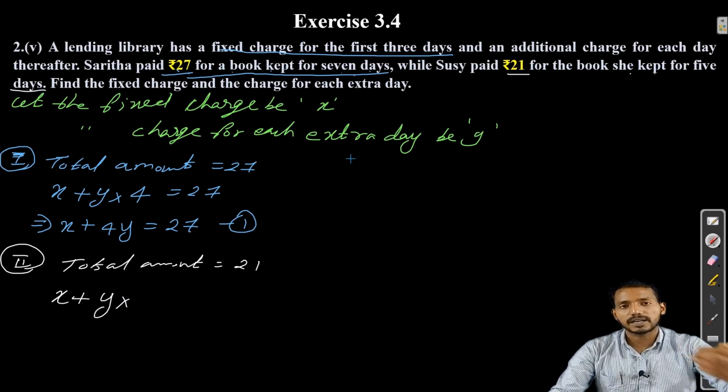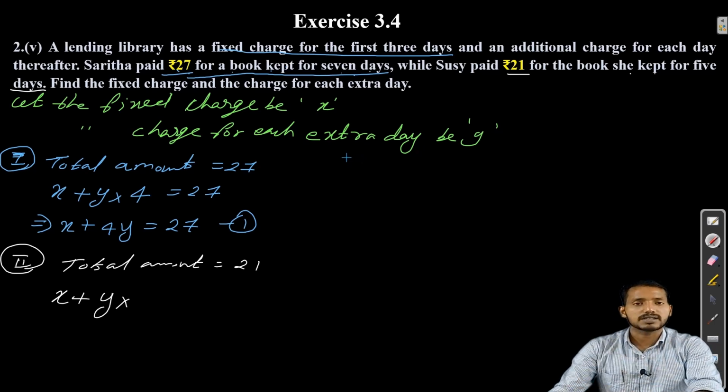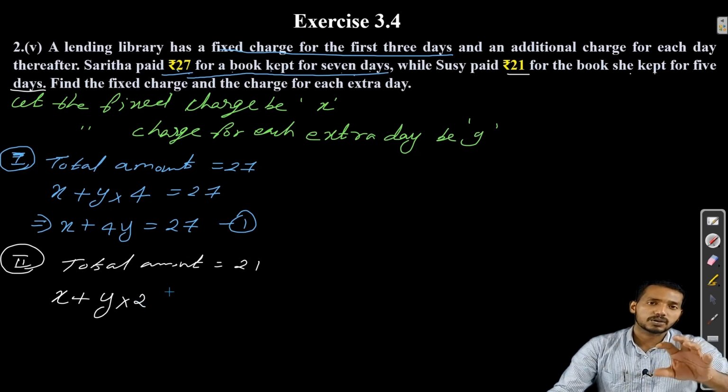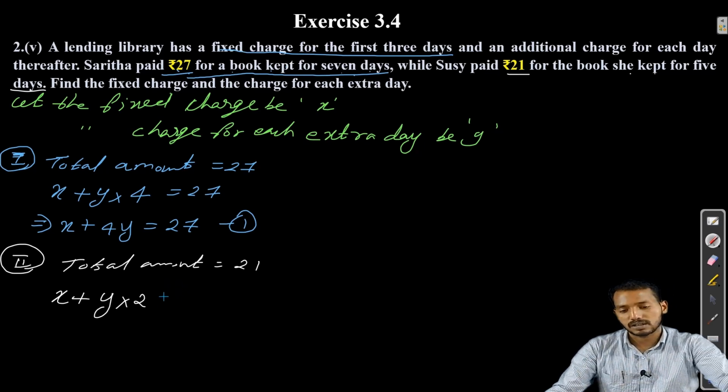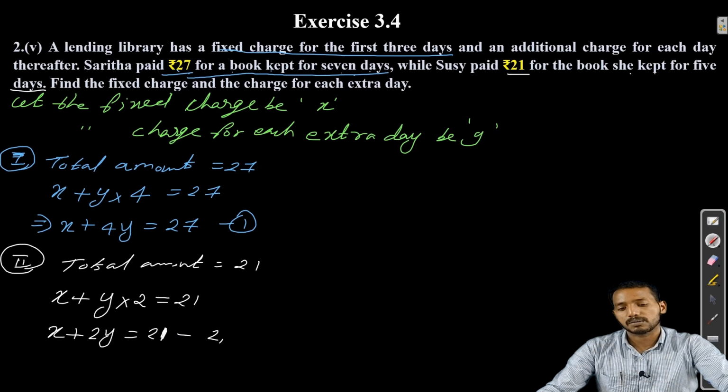Out of these 5 days, for the first 3 days there is no extra charge, that means for the remaining 2 days there will be extra charge, that means Y into 2, that will be the total amount she has to pay extra in addition to the fixed charge, which is equal to 21. So X plus 2Y is equal to 21. This is equation number 2.